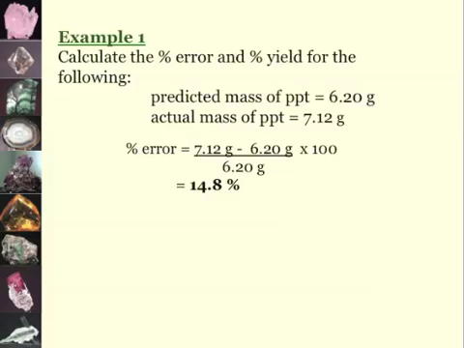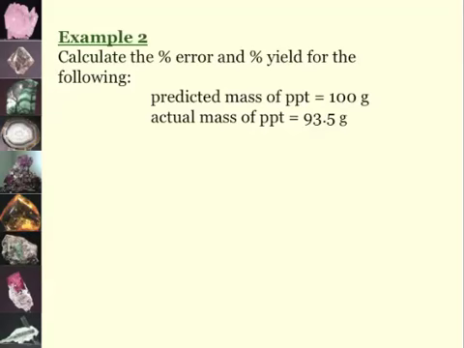Your percent error is going to be positive if you have more of the actual mass than predicted. Our percent yield is 7.12 grams over 6.2 times 100, which gives me 115%.